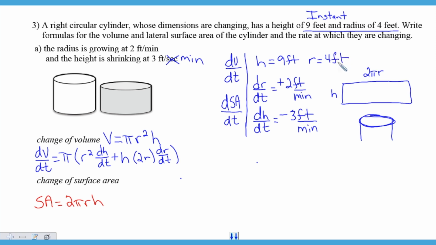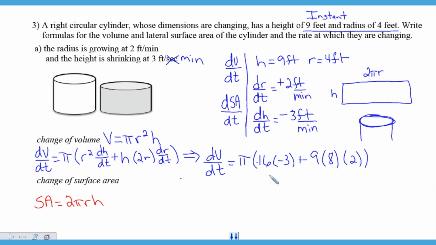Okay, so now I'm just going to plug everything in. So that yields dV/dt is going to equal pi times r squared, which is 16, times dh/dt, we have that information, is -3, plus h, which is 9, times 2r, which is 8, times dr/dt, which is 2.